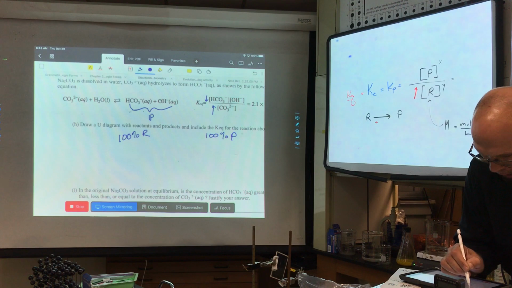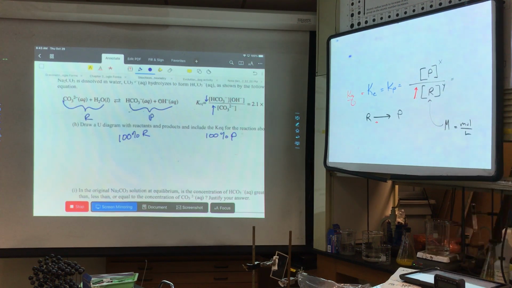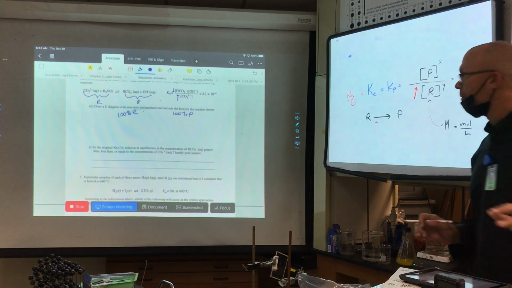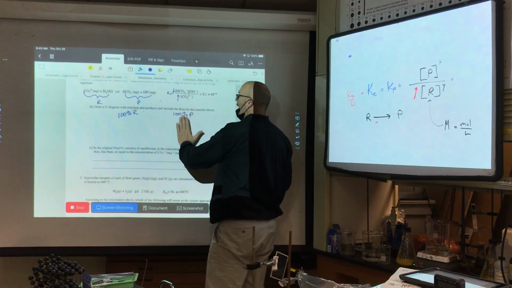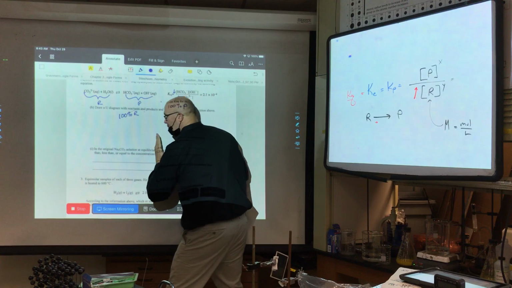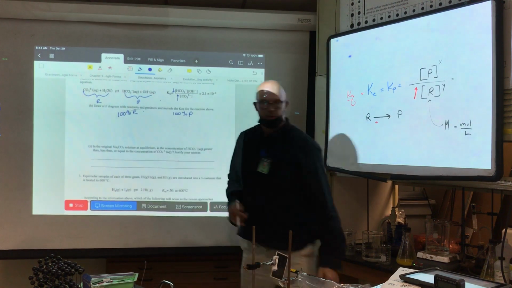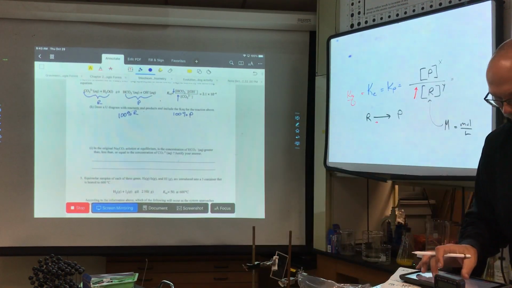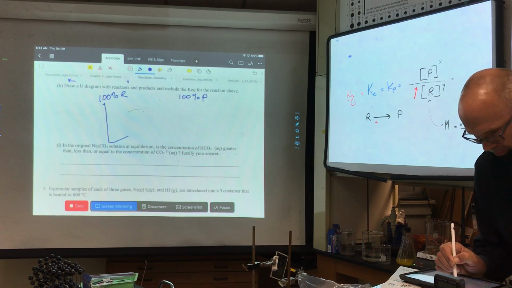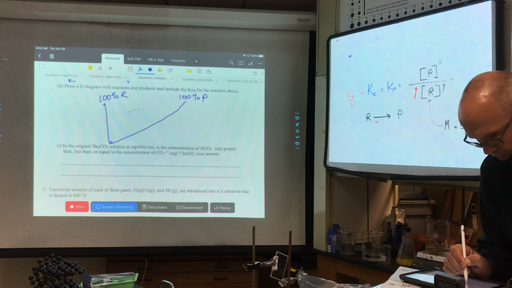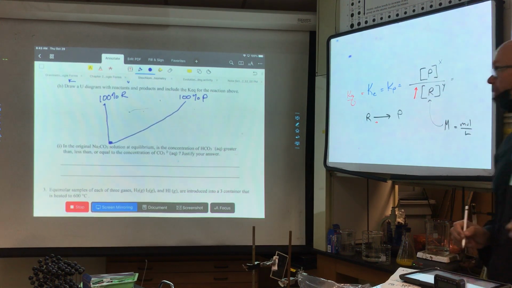These are the reactants. Now, here's my U diagram. I am favoring more reactants, so the K equilibrium position should be closer here. So it's not much of a U, it's more of a bad V. And there's my K position, right there.